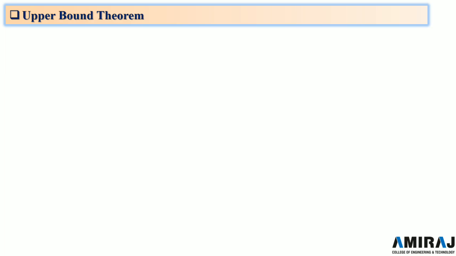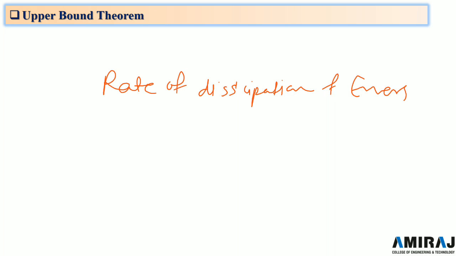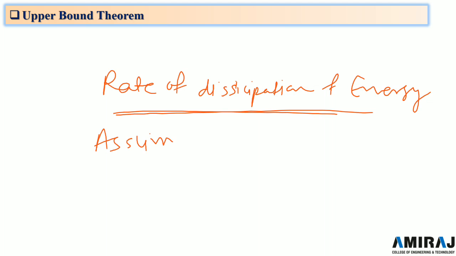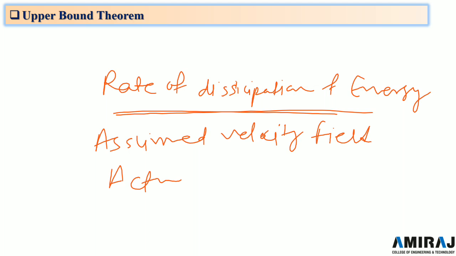So here there are two things: first the assumed velocity field, and second the actual velocity field.